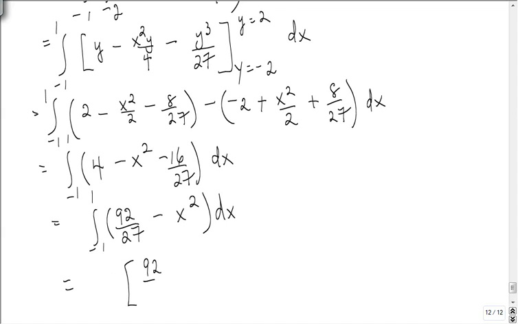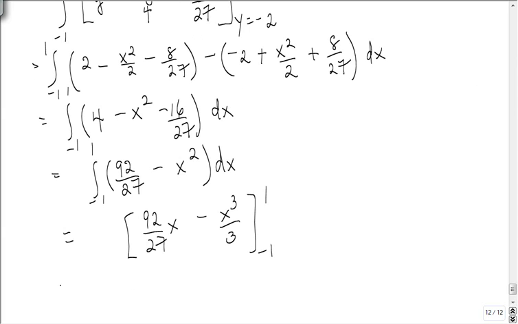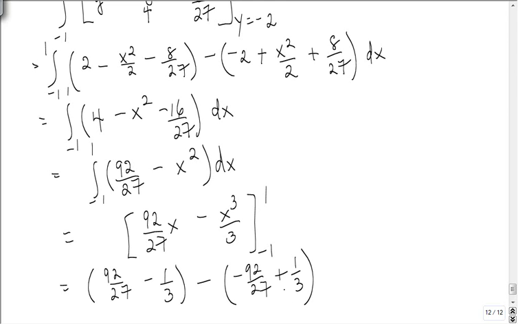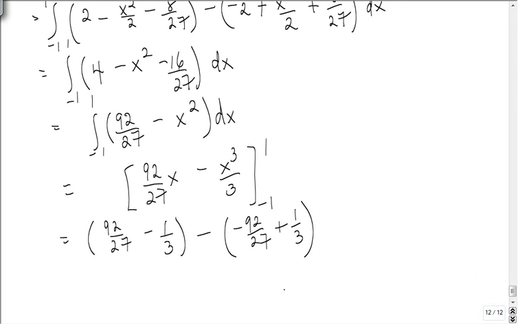Integrate 92 over 27 x minus x cubed over 3 from minus 1 to 1. This is equal to 92 over 27 minus 1/3 minus minus 92 over 27 plus 1/3. And this is equal to 2 of these, 92 over 27, so 184 over 27 minus 2/3.